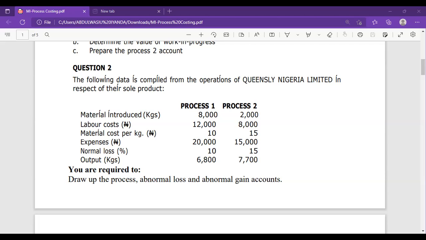We'll start with process 1. This is given in kg.